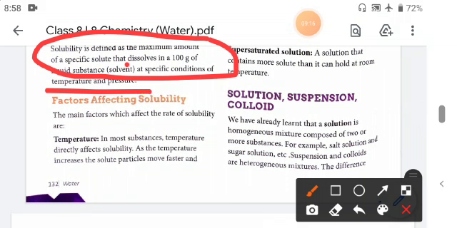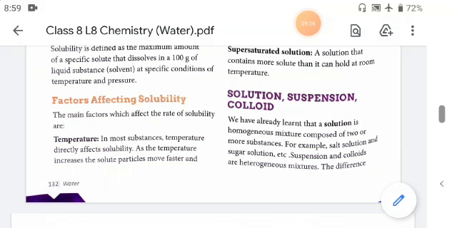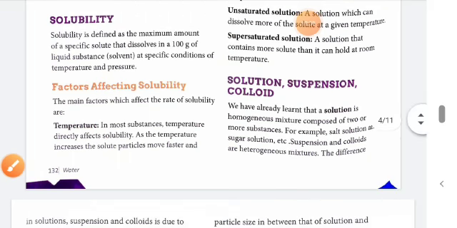Okay, now factors affecting the solubility. Which factors affect the solubility? The first factor is temperature. Temperature is a very important factor. It directly affects the solubility.